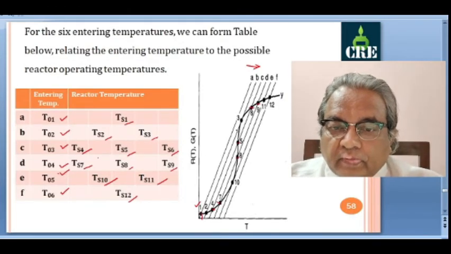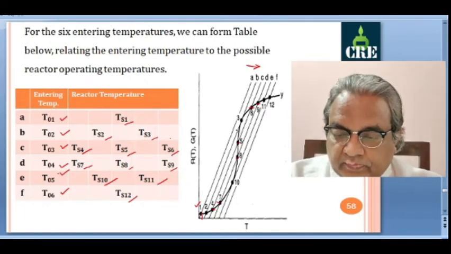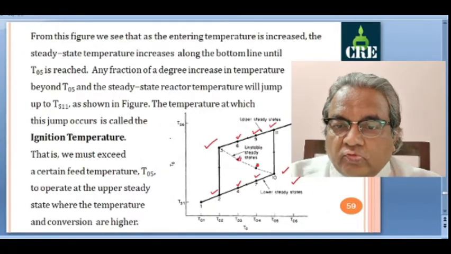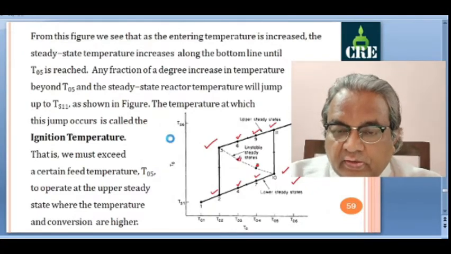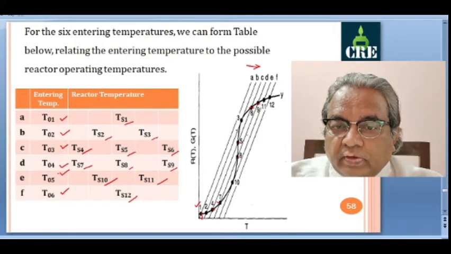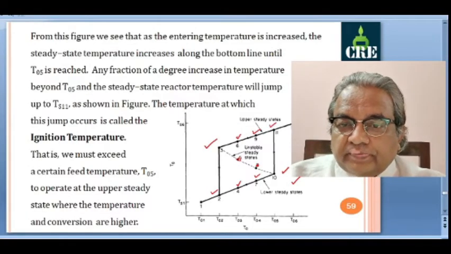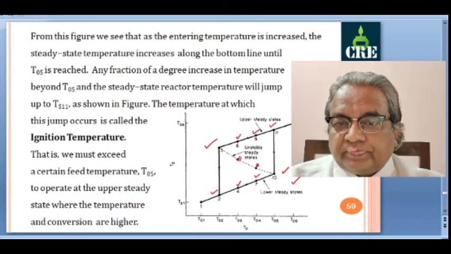Then 1, 2, 4, 7, 10 are the lower steady state points, and points 5 and 8 here are unstable regions.